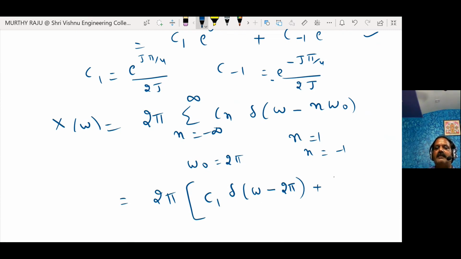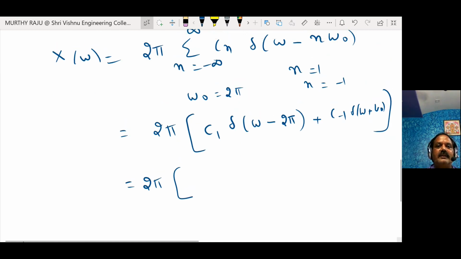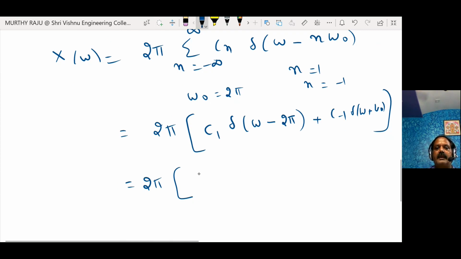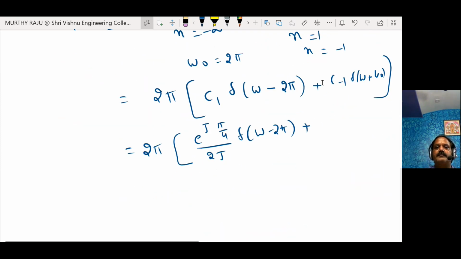For n is equal to minus 1, we get C minus 1 delta of omega plus 2 pi, because minus into minus gives plus omega naught. The value of C1 is e power j pi by 4 by 2j, so the term is e power j pi by 4 by 2j delta of omega minus 2 pi. The value of C minus 1 is e power minus j pi by 4 by 2j, with delta of omega plus 2 pi.